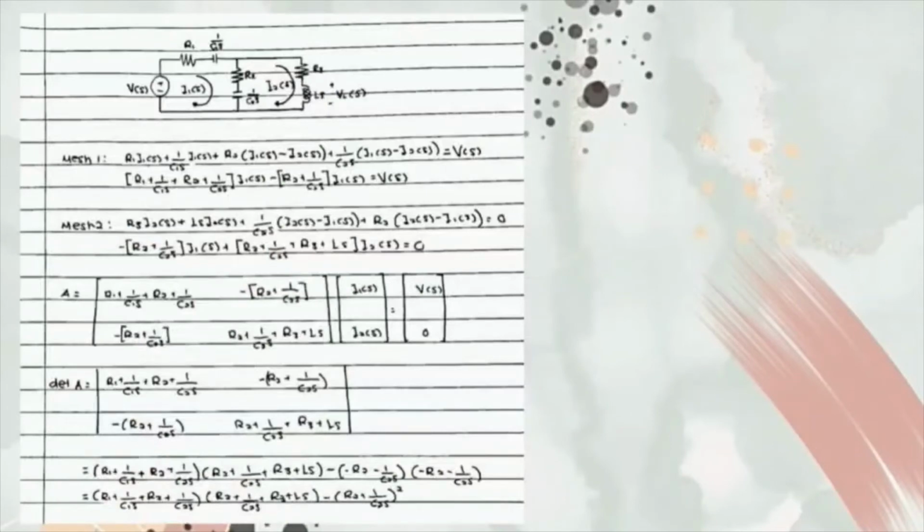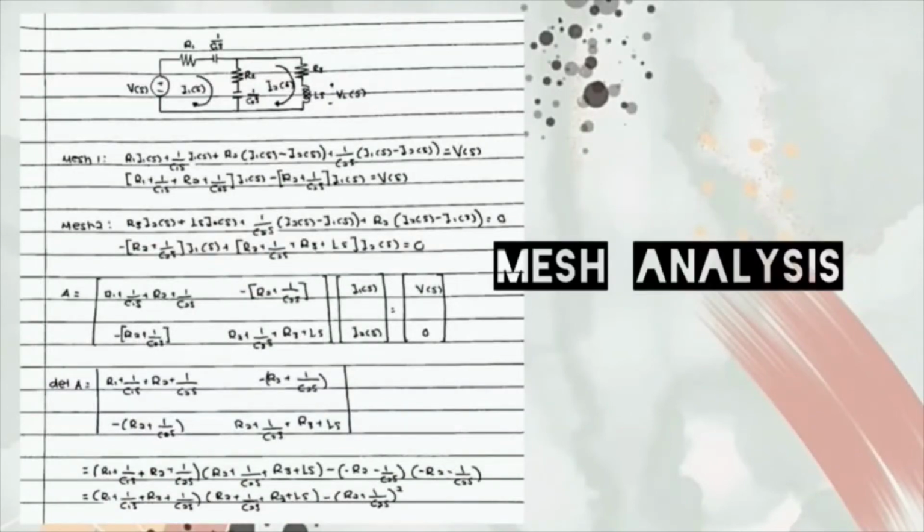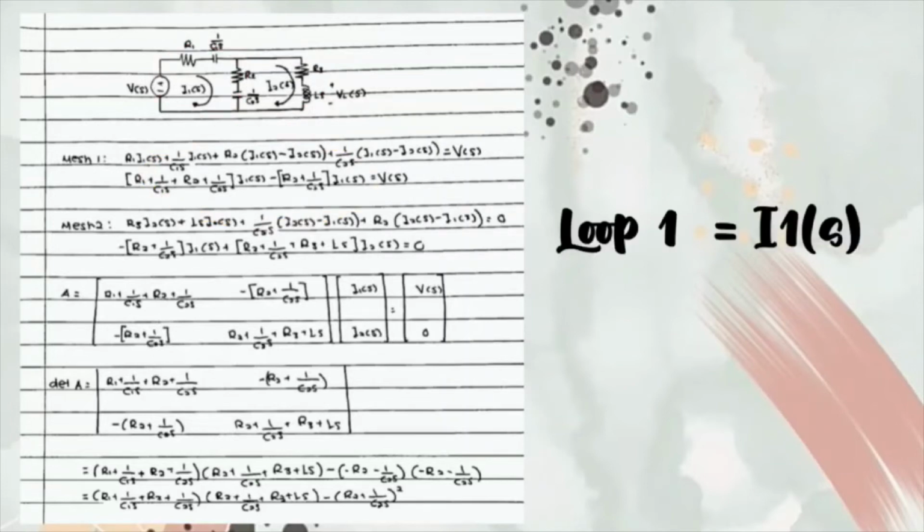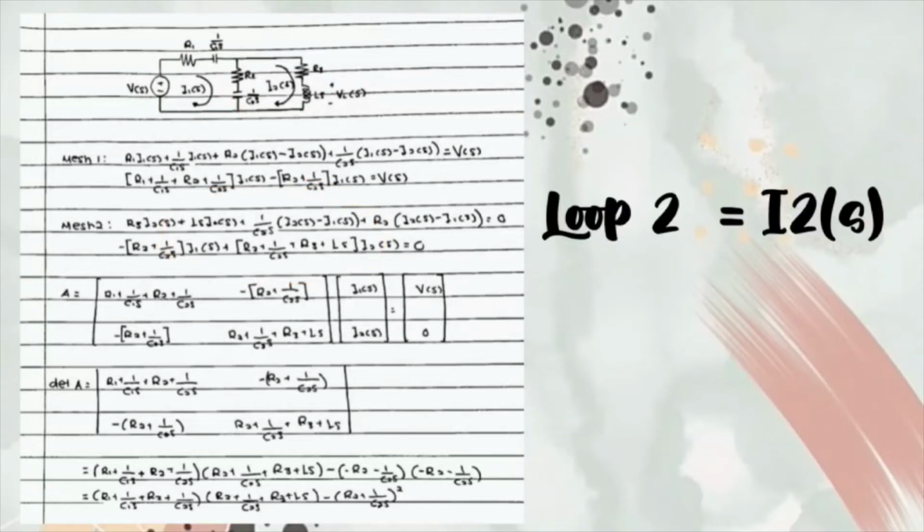For the calculation in part B, at first, we use mesh analysis to extract the equation for the first loop and the second loop. The equation from mesh 1 comes from loop 1, which is I1, and the equation from mesh 2 is from loop 2, which is I2. After that, we put the equations into matrix form.